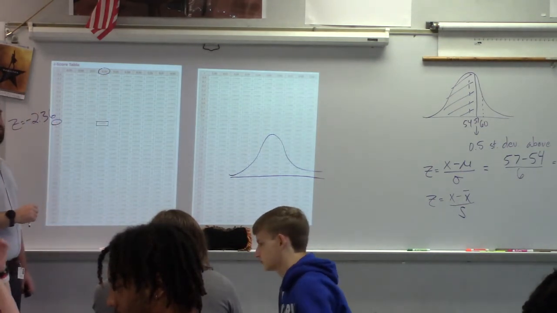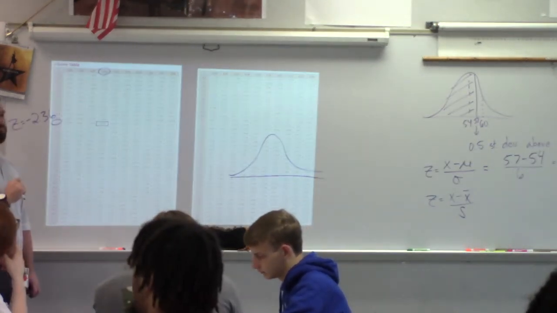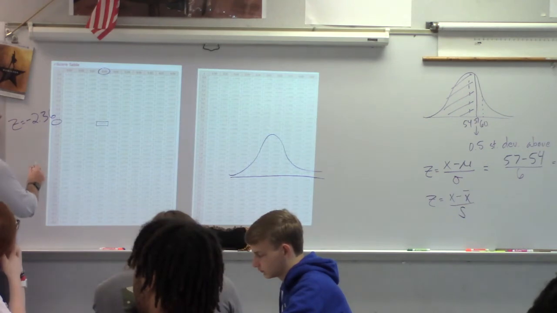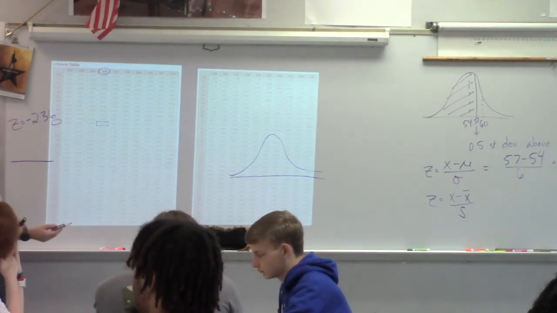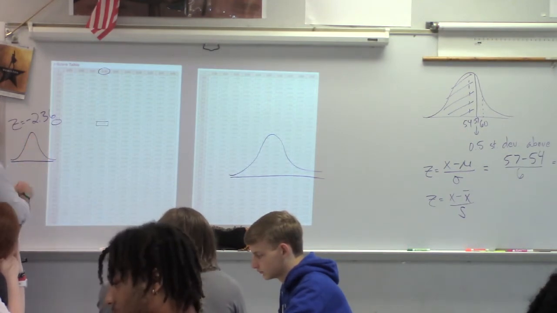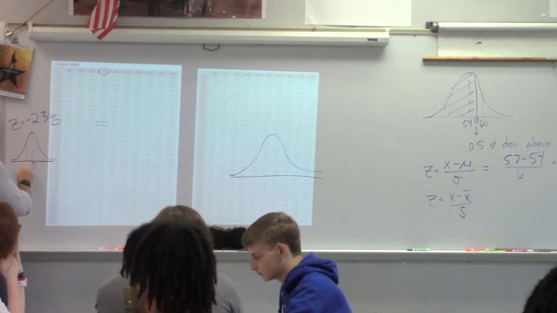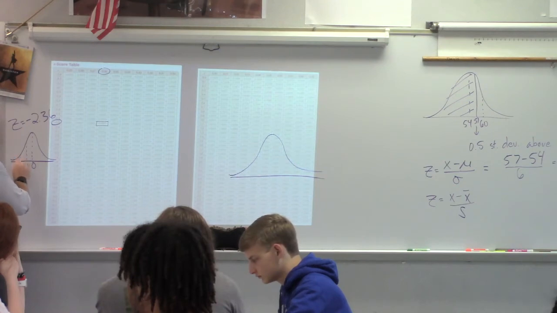Where did you get the 0.06? I'm making something up to explain how to use this table. Good question. The way this table works is that you're looking at a standard normal curve. Here's my mean of 0, standard deviation negative 1, negative 2, and so negative 2.36 would be here.